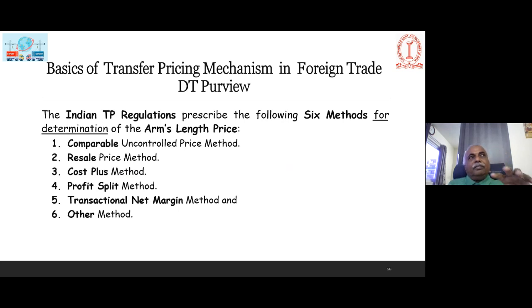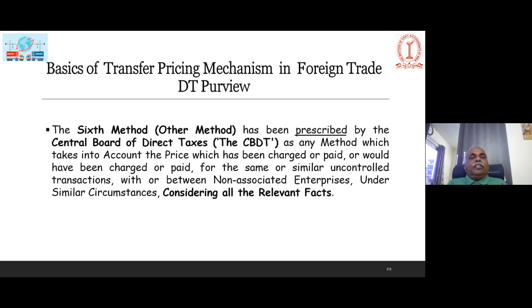For transfer price regulations, there are 6 methods for determination of the arm's length price. Out of this, the 6th method, other method, has been prescribed by the Central Board of Direct Taxes: any method which takes into account the price that has been charged or paid, or would have been charged or paid, for the same or similar uncontrolled transaction between non-associated enterprises under similar circumstances, considering all the relevant facts.